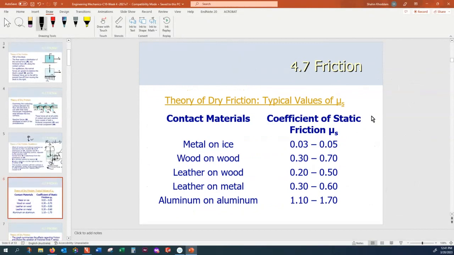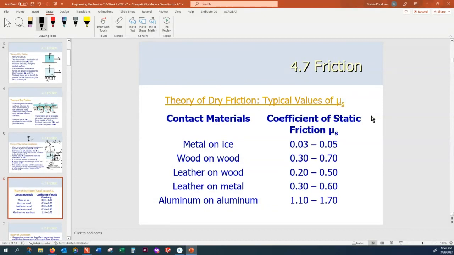All right, so now we notice that the friction is also about the material. So we know that metal on ice is smooth, the friction is not that much. If you are rubbing wood against wood, it can develop large friction.